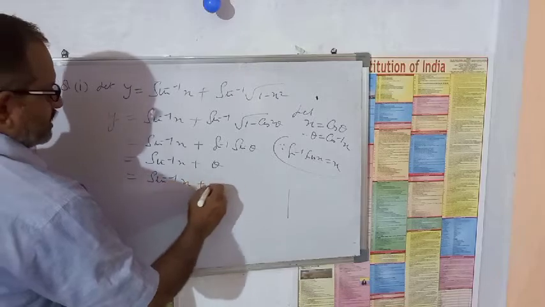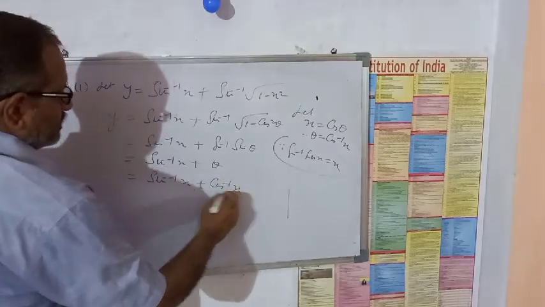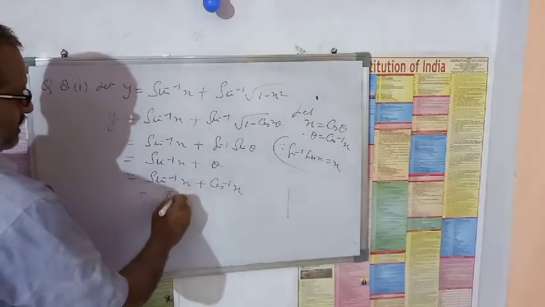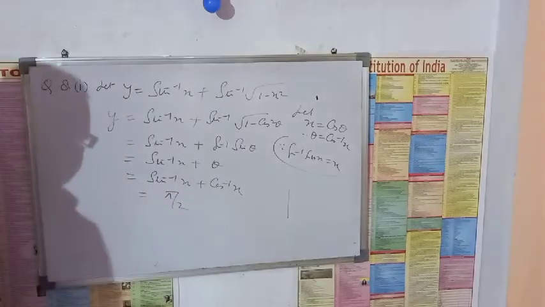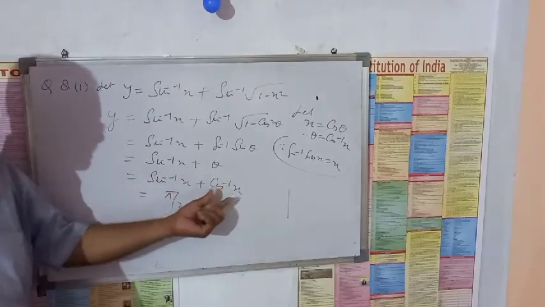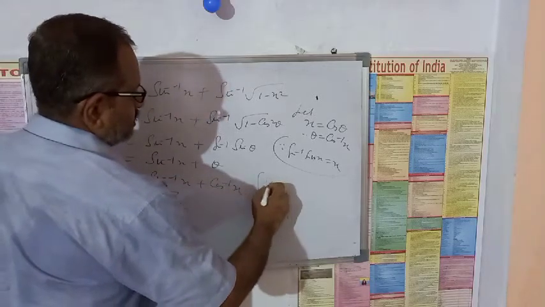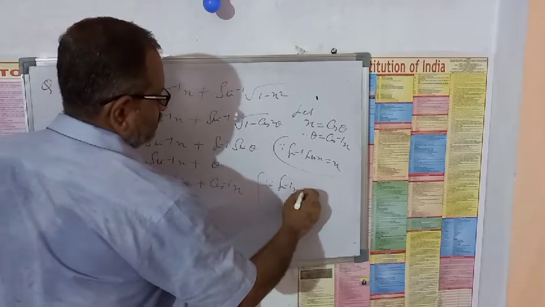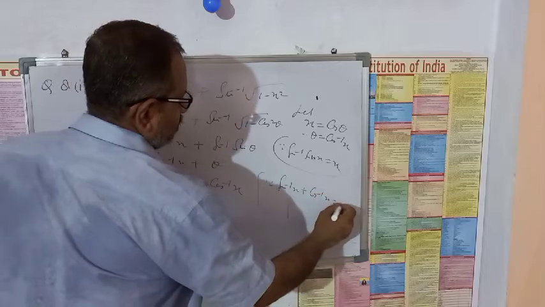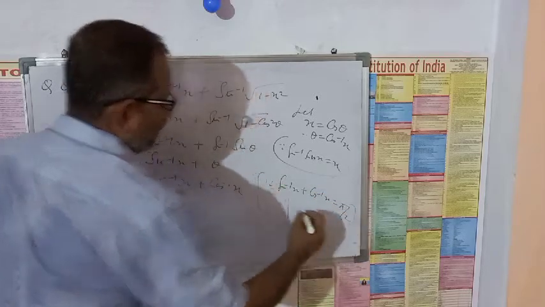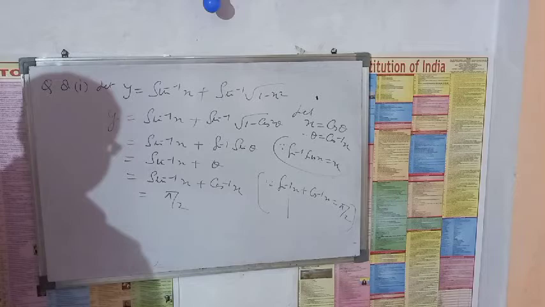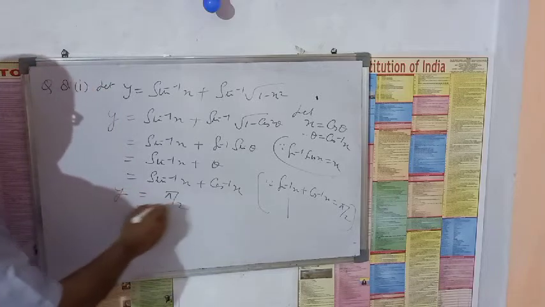So sine inverse x plus cos inverse x, we know the property, it is pi by 2. So y is equal to pi by 2.